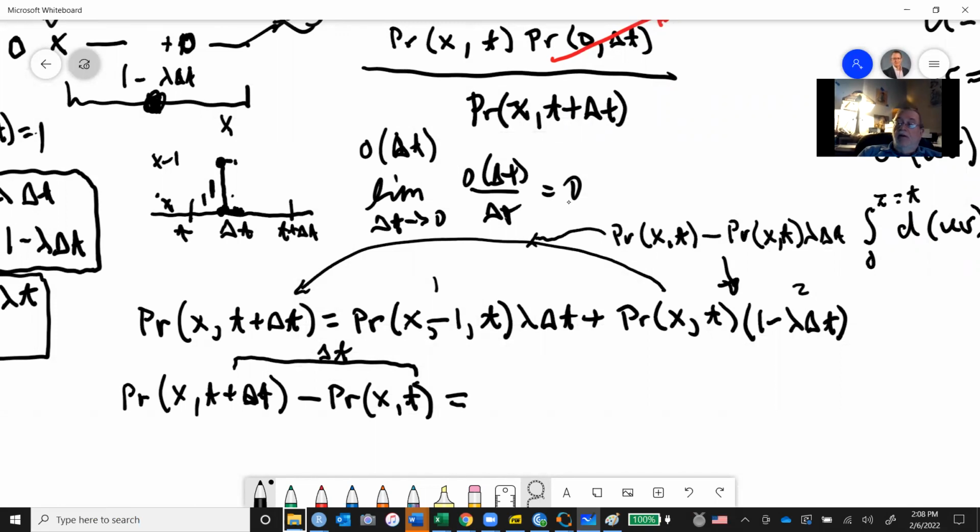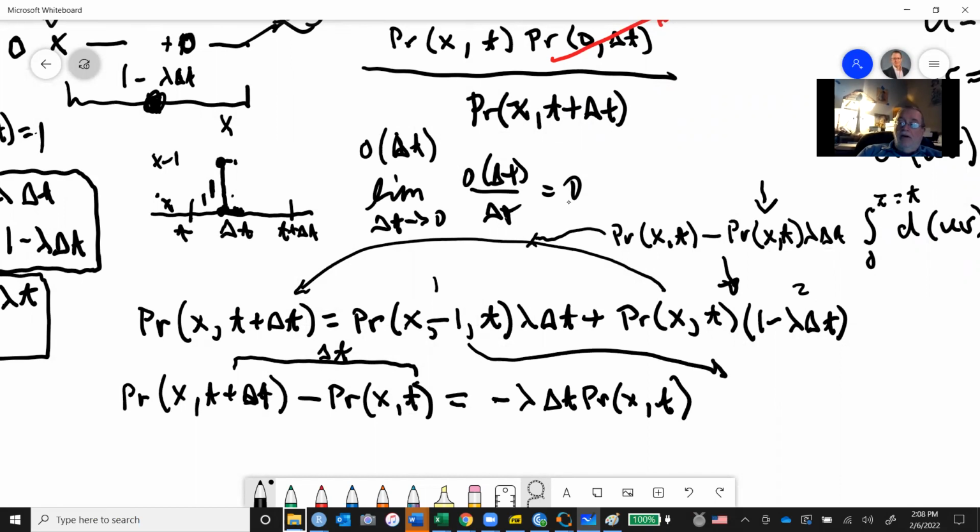We're left with minus lambda delta t times P of x, t. That's this thing. And we're left with this thing here, plus lambda delta t times P of x minus 1, of t.